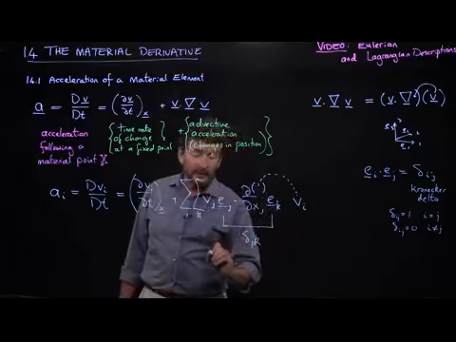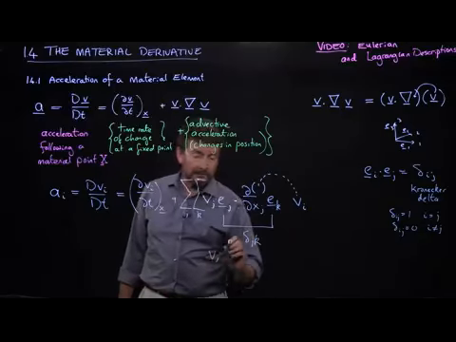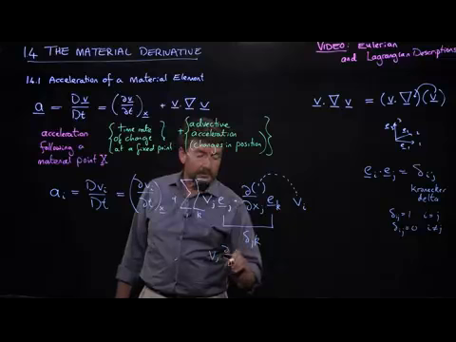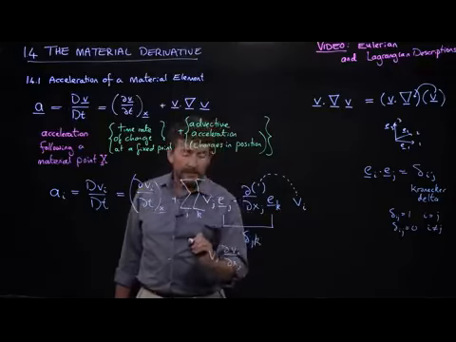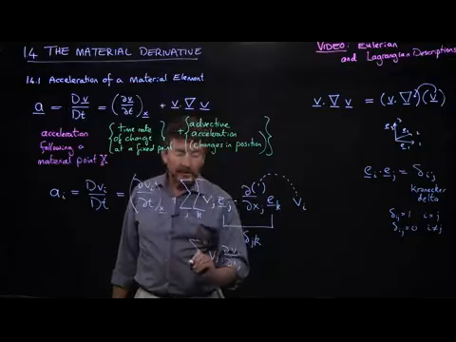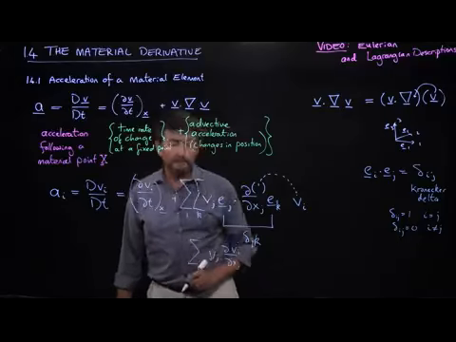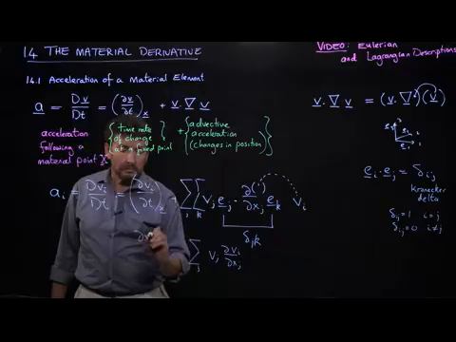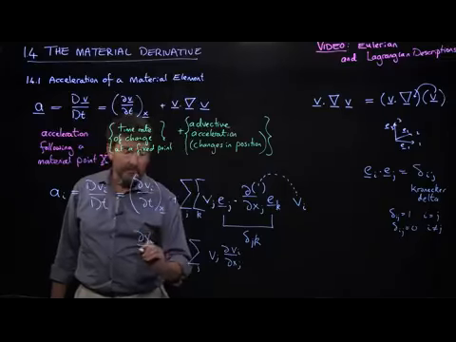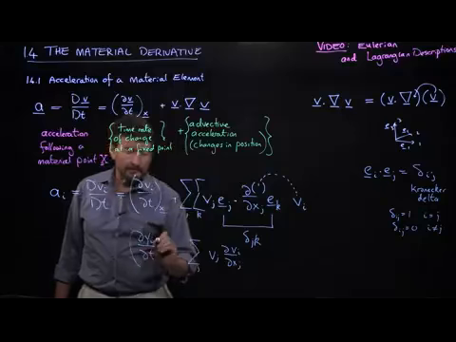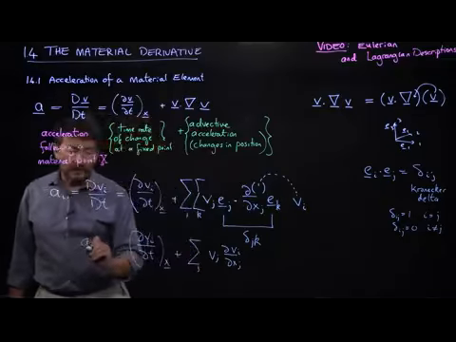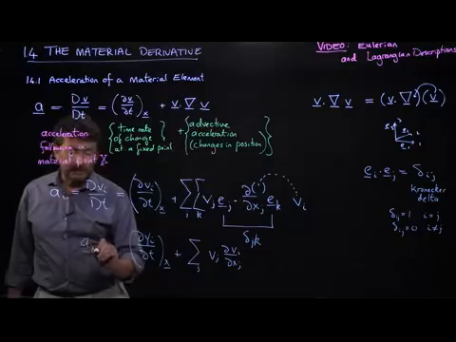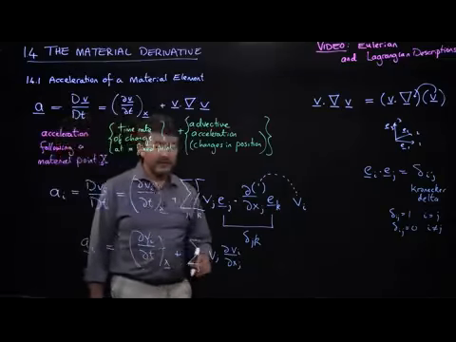And so we'll have to write this as v_j d by dx_j of v_i. And that will be summed now over j. So we'll have dv_i by dt, at constant x, plus this, and that whole quantity is our component of our acceleration here.